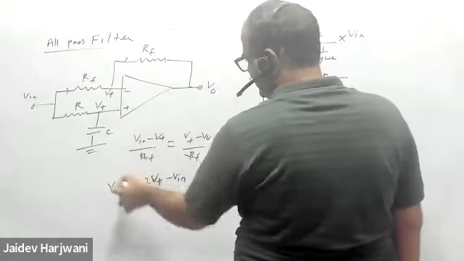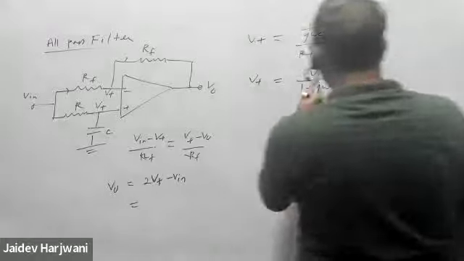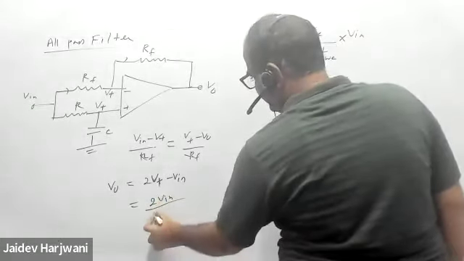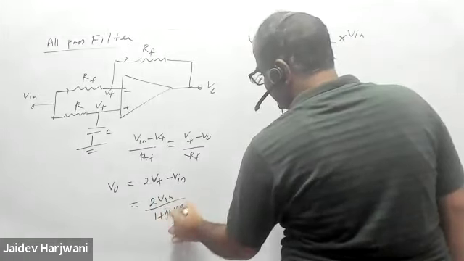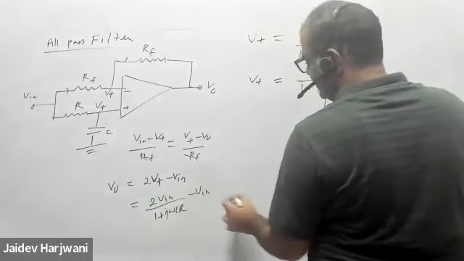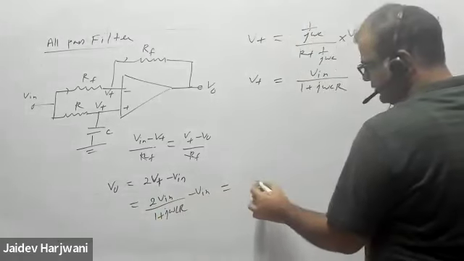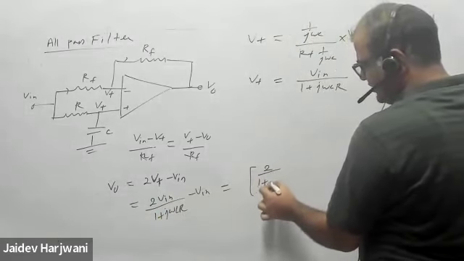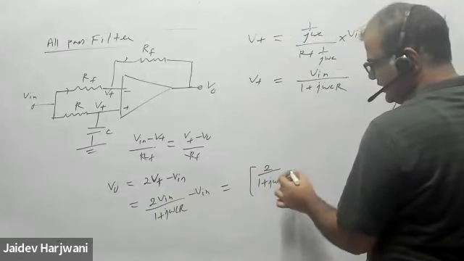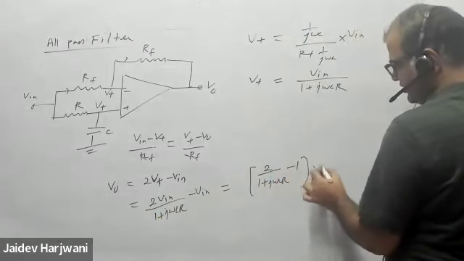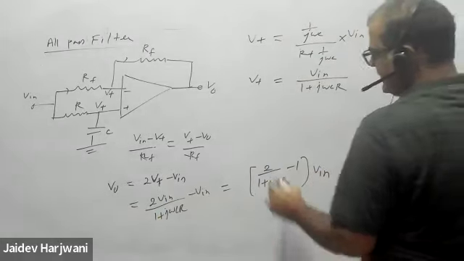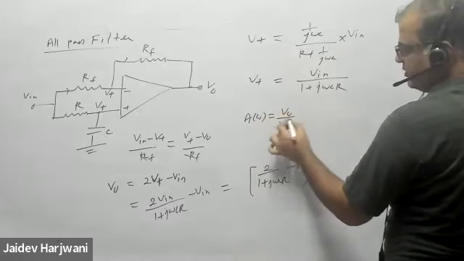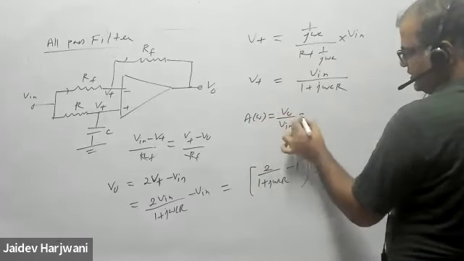V naught will be 2V plus minus V input, and V plus, now you know, is V input over 1 plus j omega CR. Now you can take V input common: 2 upon 1 plus j omega CR, minus 1, times V input. And now gain will be what? Gain will be V naught upon V input.